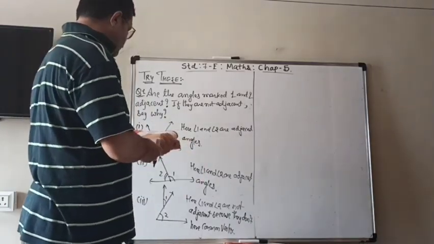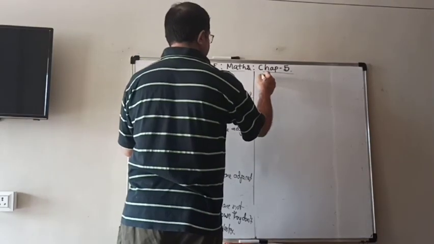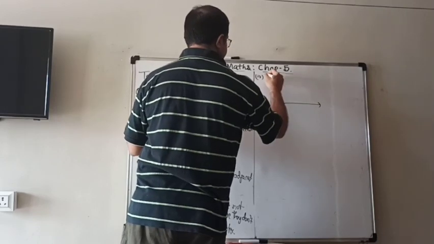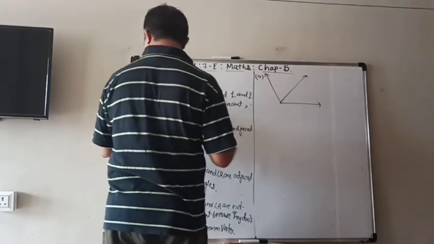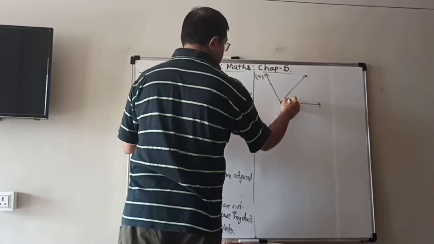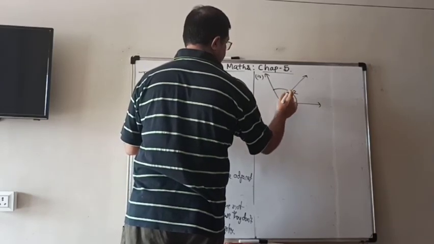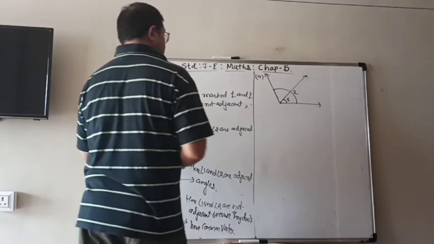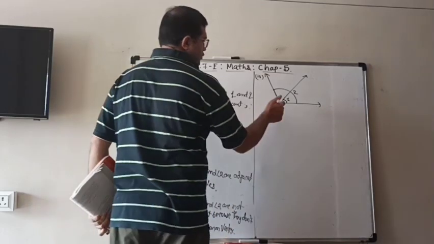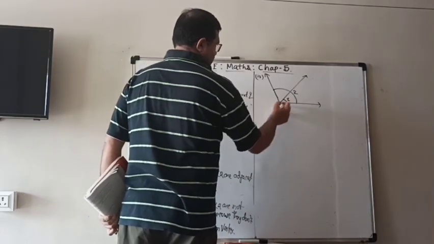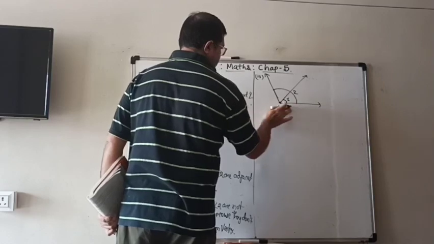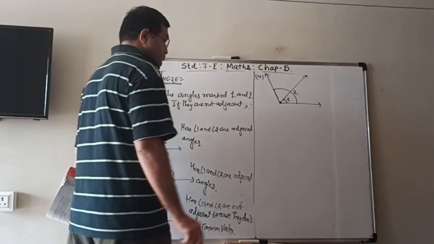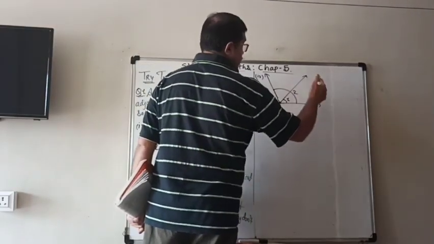Let's see the fourth figure. The fourth figure shows like that. Here the smaller angle is angle 1, but the whole angle is angle 2. Now you can see that angle 1 and angle 2 have a common vertex. Then they have this common arm also, but the non-common arms are on the same side, so they are not on opposite sides.